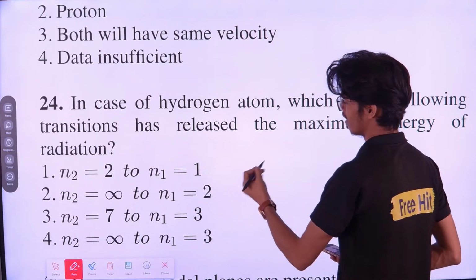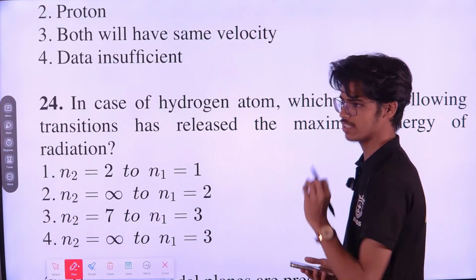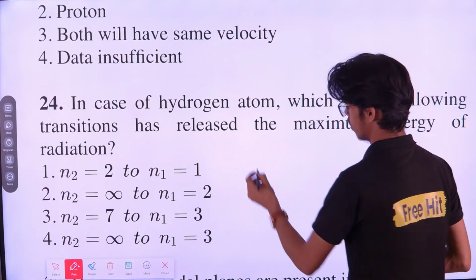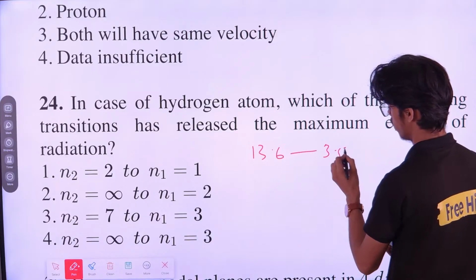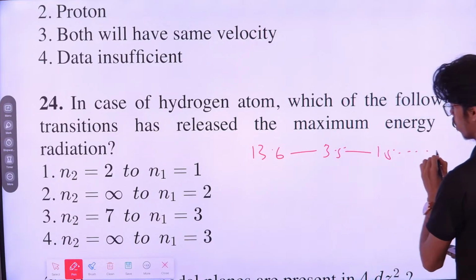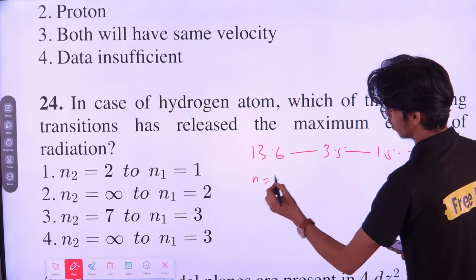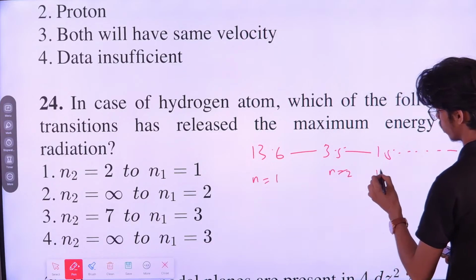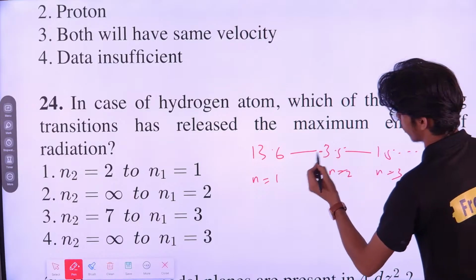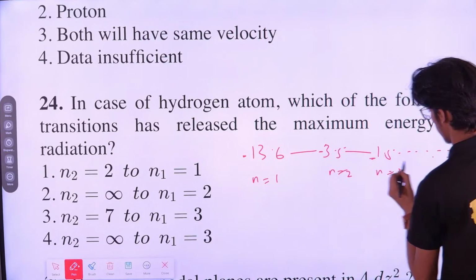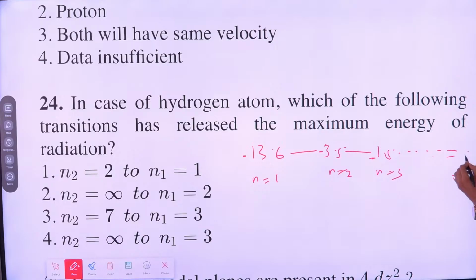If you see the amount of energies at every level, it goes something like this: first is 13.6, then it drops to 3.4, it drops to 1.5, consecutively for n is equal to 1, 2, 3. These are negative energies, by the way, and at the infinite shell, it is 0 energy.